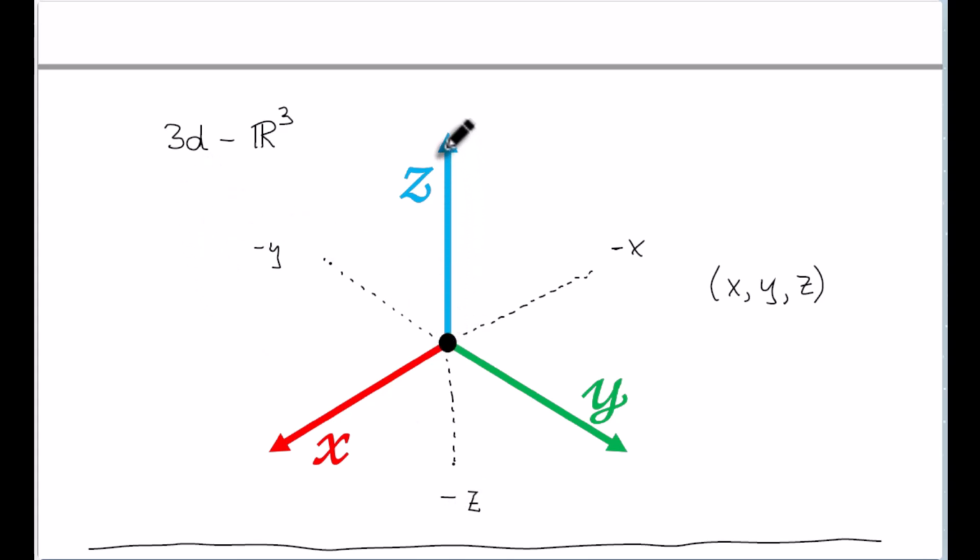Up is positive, down here is negative. Coming out is positive x, back is minus x. Y is positive this way, negative that way. And to locate a point in three-dimensional space, you would need an x, a y, and a z.